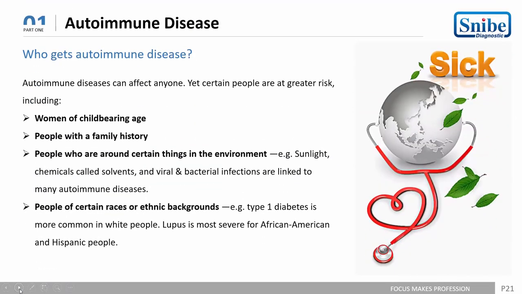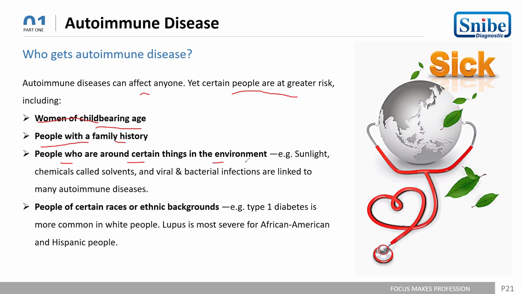So if we talk about who gets autoimmune disease, it can affect anyone. This is important. Certain people are at greater risk, like women of childbearing age, and people with a family history or genetic history of any autoimmune disease.